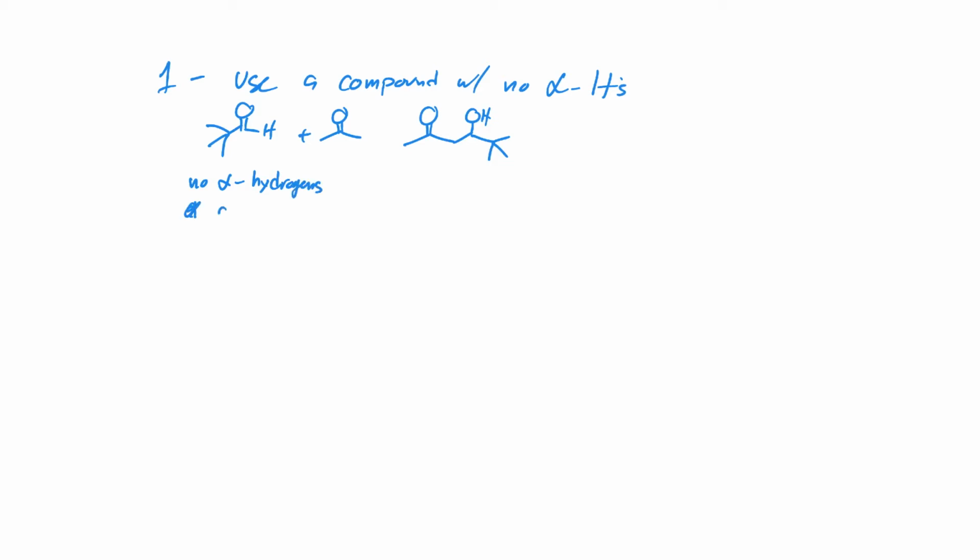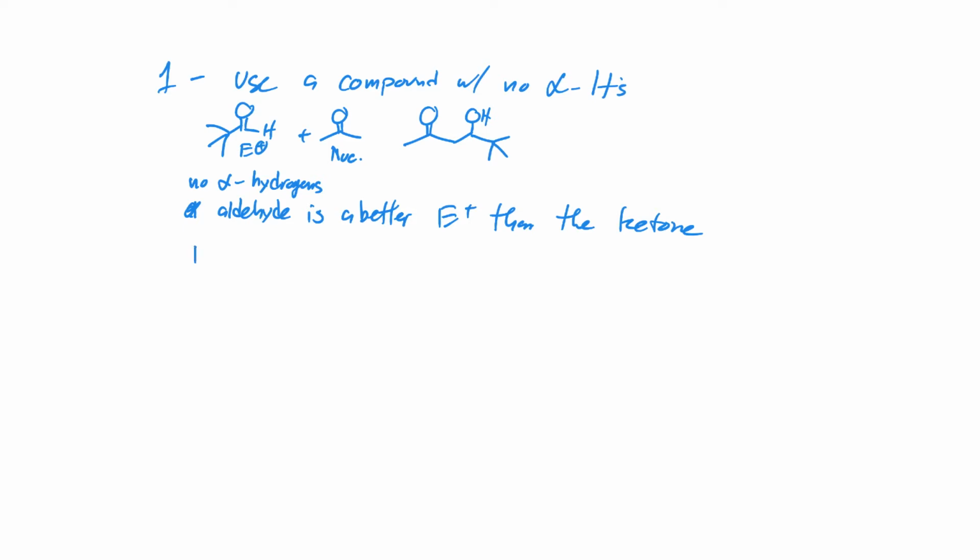And the aldehyde is a better electrophile than the ketone. So we don't have too much concern about the ketone reacting with itself to make a homo-aldol product. So basically the nucleophile is really only going to react with this electrophile, giving us just one outcome.